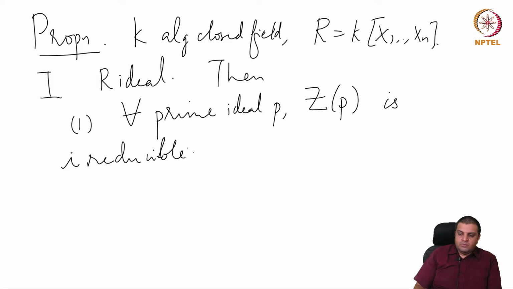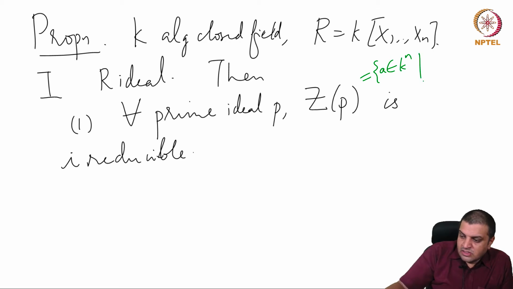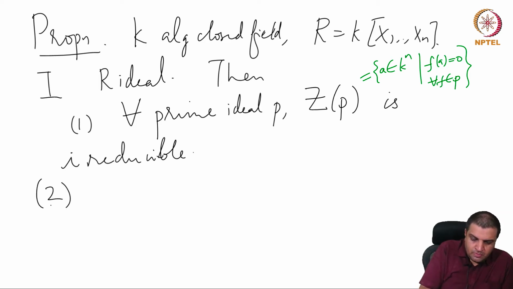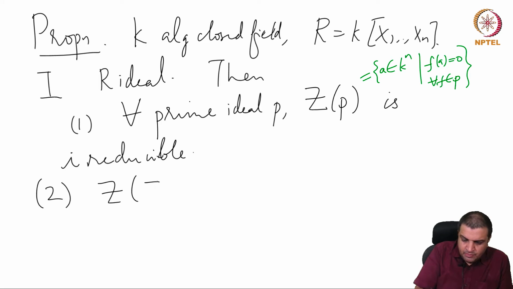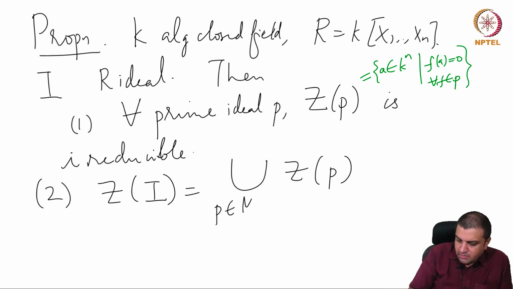Recall Z of P, this is what we had at the very beginning called V of P. So this is the set of all A inside K^n such that f of A is 0 for all f in P. Second, Z of I is the union of Z of P, where P is in min R mod I.